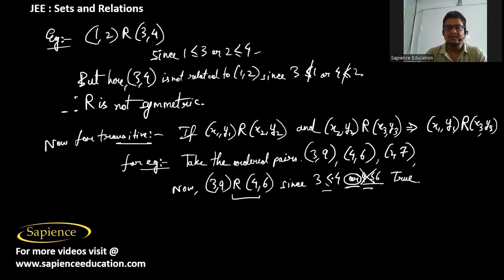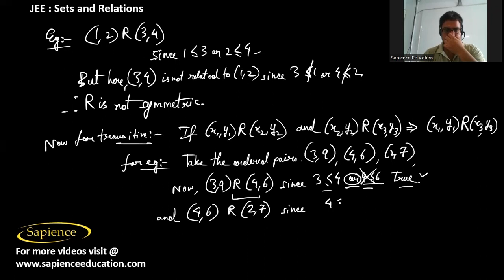And also (4, 6) is related to (2, 7), since 4 is less than or equal to 2 is not true, but 6 is less than or equal to 7, which is true. So since any one of them is true, the entire statement will be true, since the or has been used.